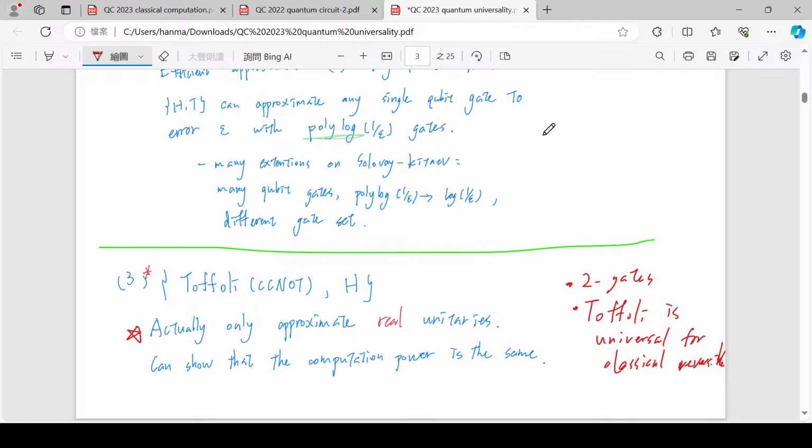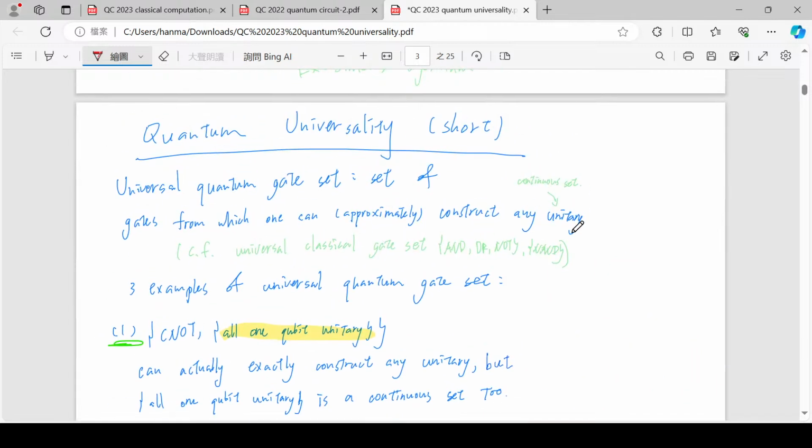But actually the most interesting thing about this is that both of those gates are real. Okay. And when you first think about it, it's actually a bad thing, because that means this is actually not universal, right? Every part of them is real, but you know unitary matrices are complex matrices.